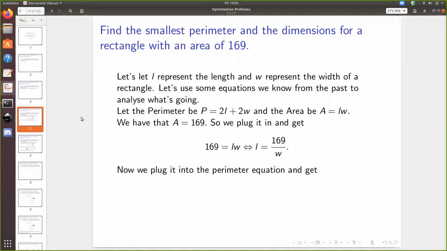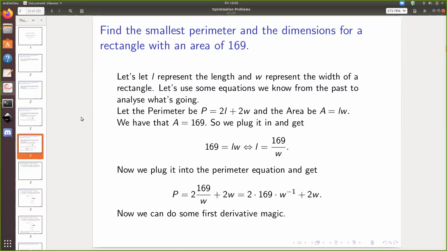So now we plug it into the perimeter equation, and we're going to get that P is equal to 2 times 169 divided by W plus 2W. And I transformed that W into a W inverse just for simplification purposes and to make the derivative easier using the power rule.